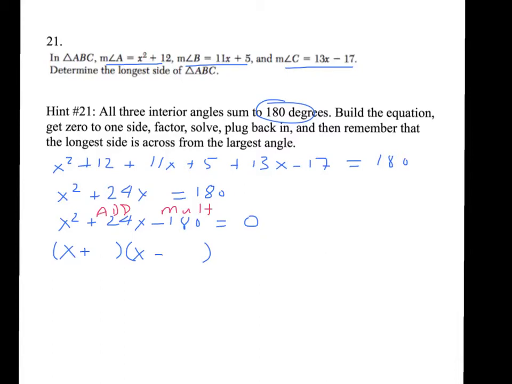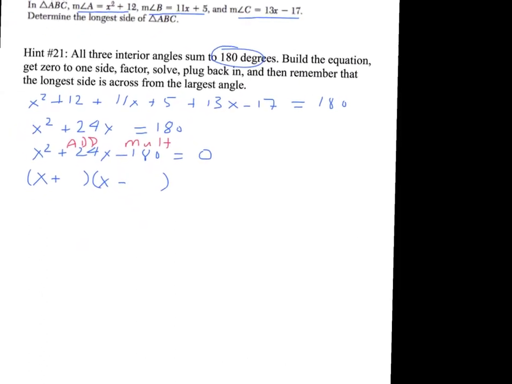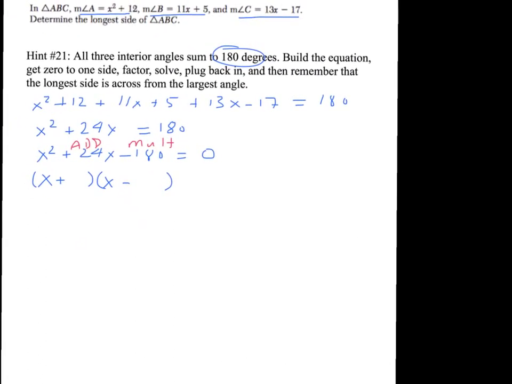Figuring that out is not going to be very easy because 180 is quite a large number for these kinds of questions. Making a list of numbers that make 180 when you multiply them together is a good way to begin. So numbers that multiply to make 180: 1 and 180, 2 times 90, 3 times 60, 4 times 45, and I could just make a list of all the ones that multiply to make 180.